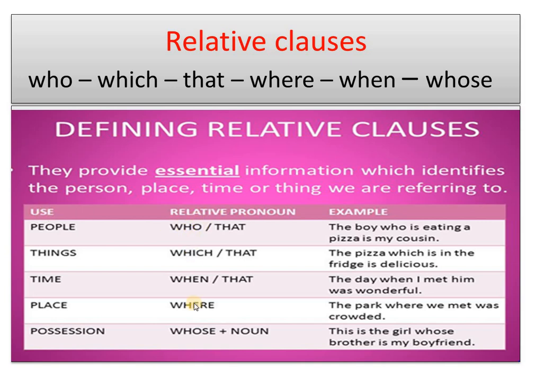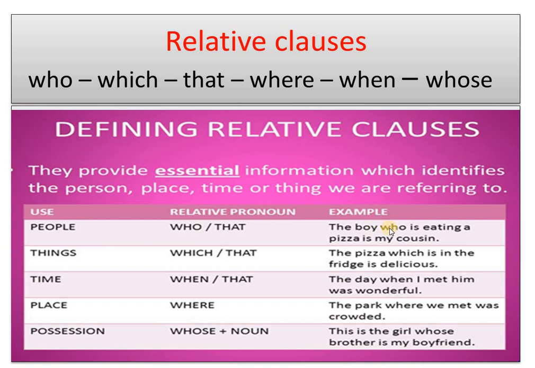The relative pronouns are as follows. These are some examples. Number one, for people we use who or that. For example: the boy who is eating a pizza is my cousin. Look here, the boy is a person, so we use who directly after the word the boy.